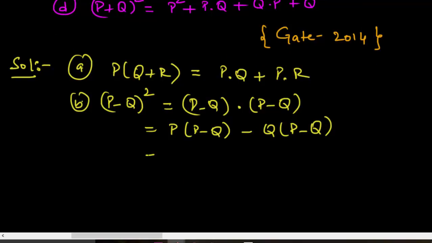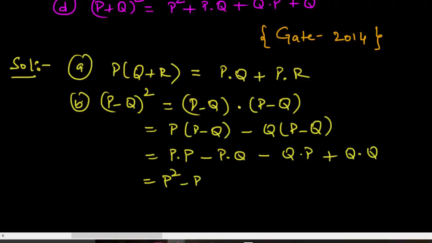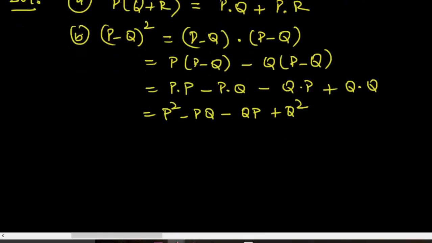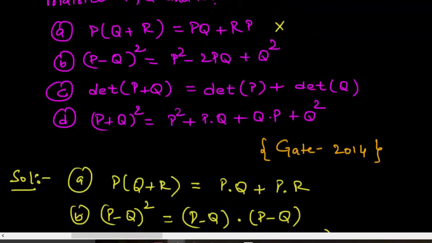Okay, then next p into p minus p into q minus q into p plus q into q. So this can be written as p square minus pq minus qp plus q square. Let's see the option. In the option it says p square minus 2pq plus q square. However, the correct option should be p square minus pq minus qp plus q square. So the second option is also wrong.